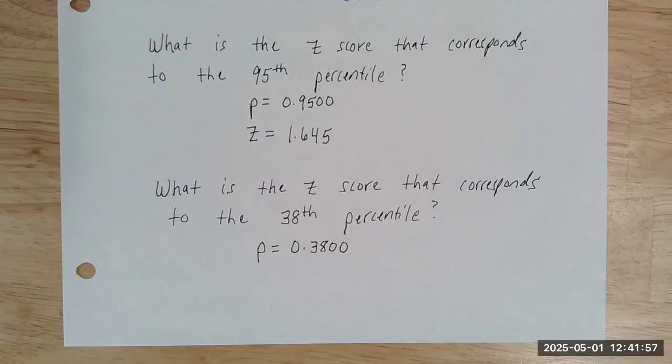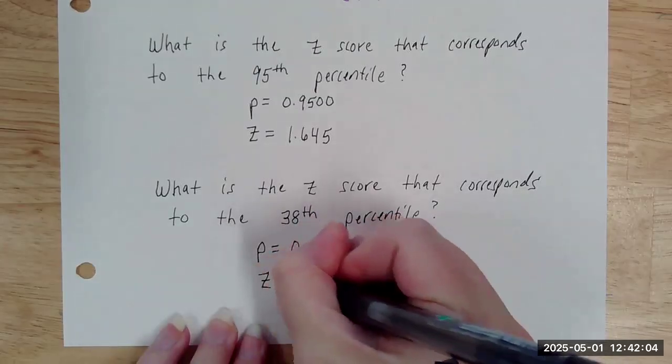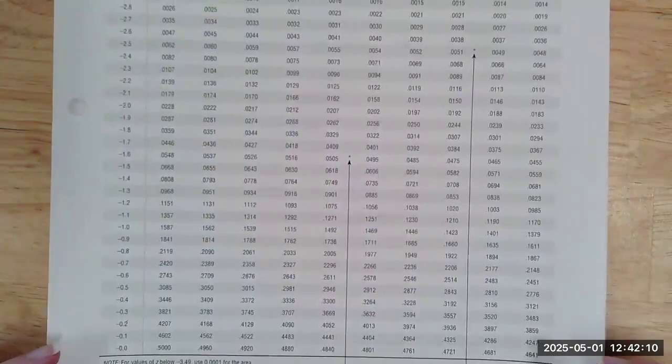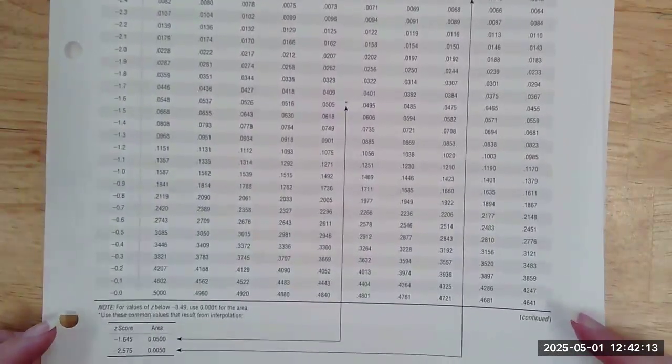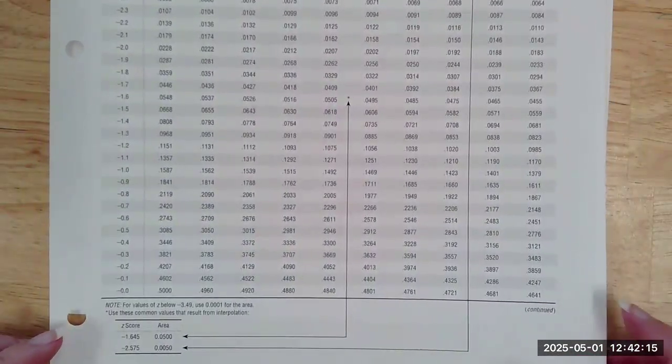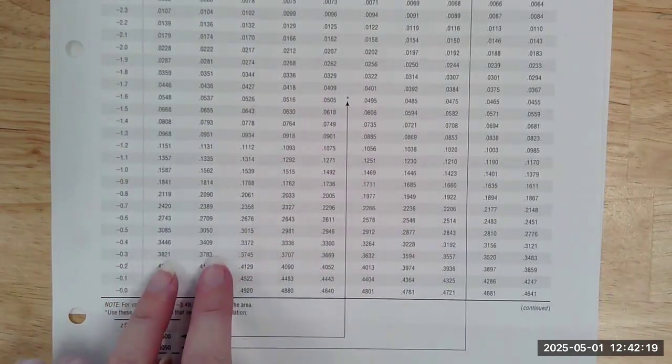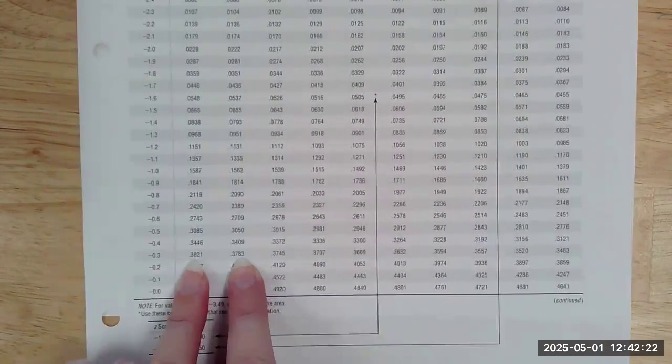If you think you found it, is it positive or negative? Negative. Yes, it should be negative. Okay, so 38%, 0.38 ends up being between these two numbers down here, 0.3821 and 0.3783.